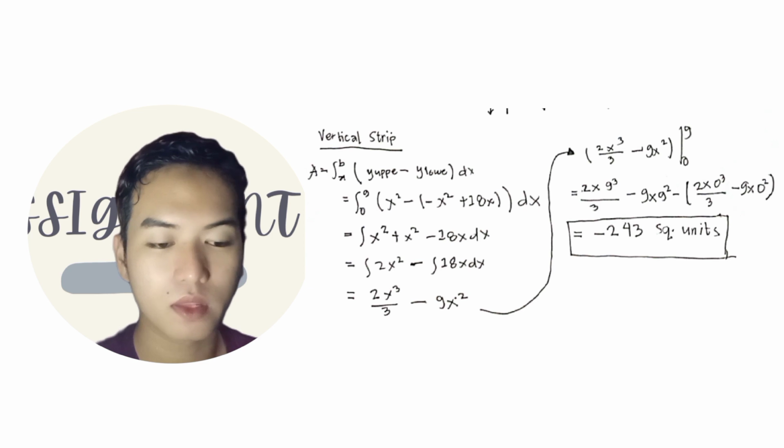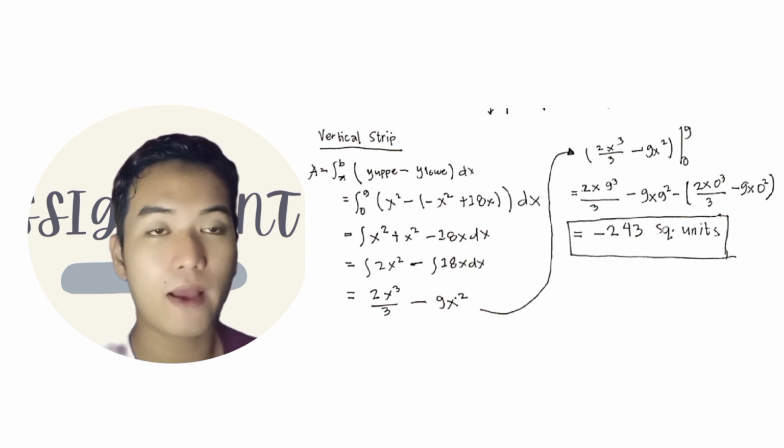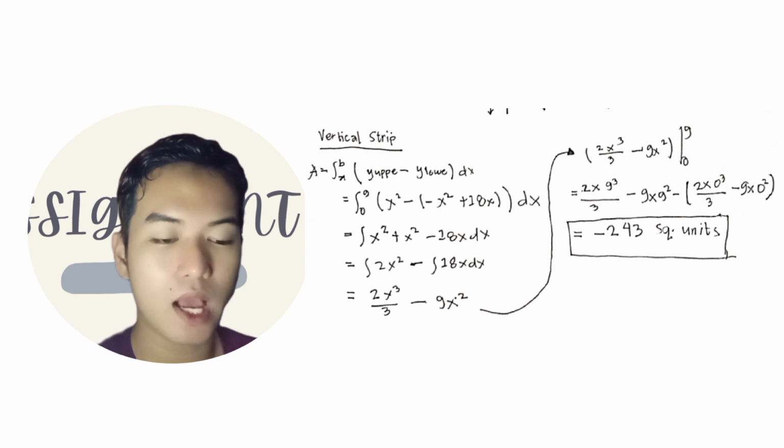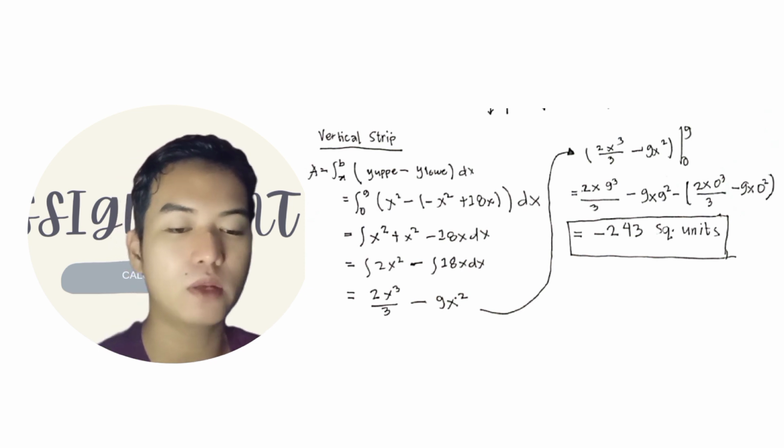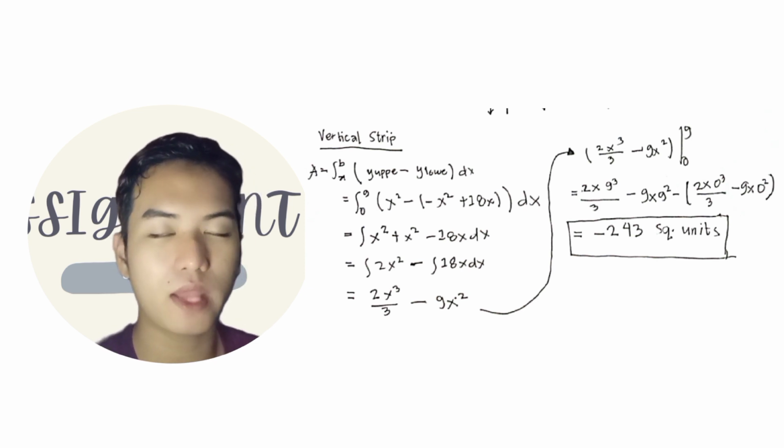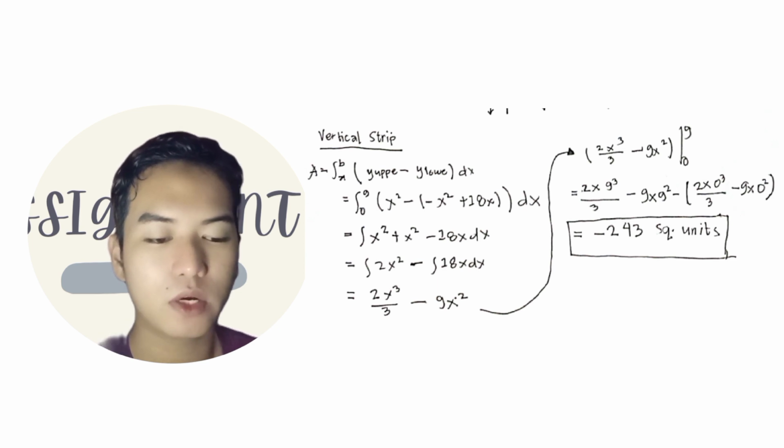By that we can now apply the lower limit and the upper limit of this integral. So 2x cubed over 3 minus 9x squared, with the lower limit of 0 and the upper limit of 9.